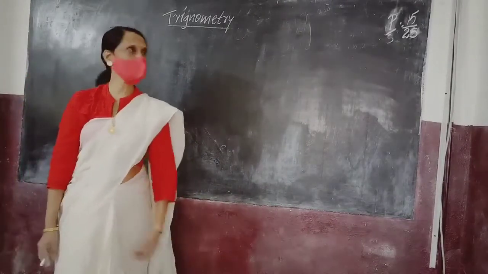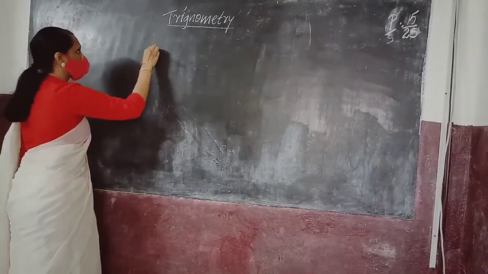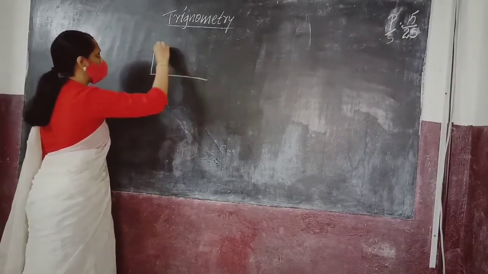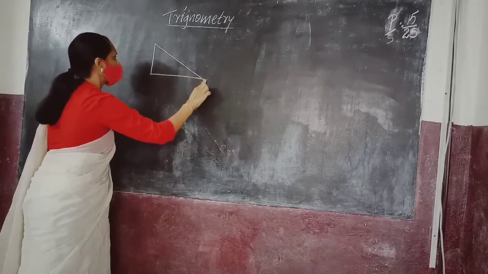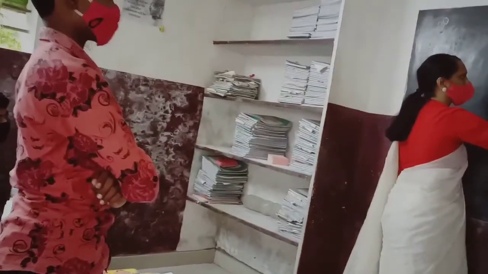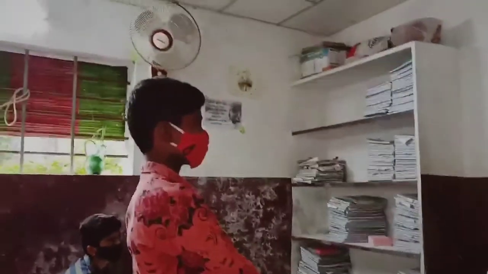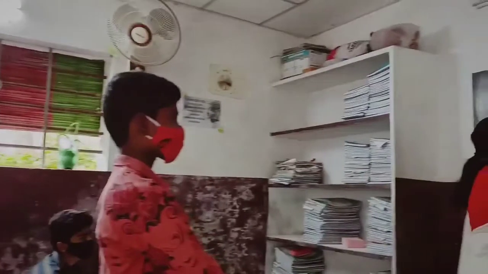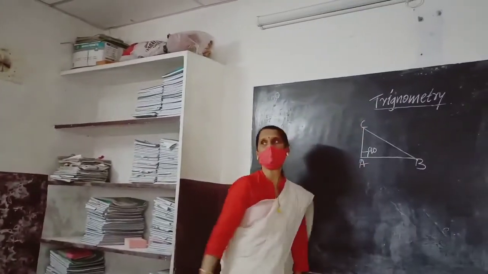So suppose you take a right angled triangle. Uday, it's a right angled triangle, right? Yes, ma'am. It means it is 90 degrees. What is the side opposite to the right angle? Hypotenuse. Okay, good.